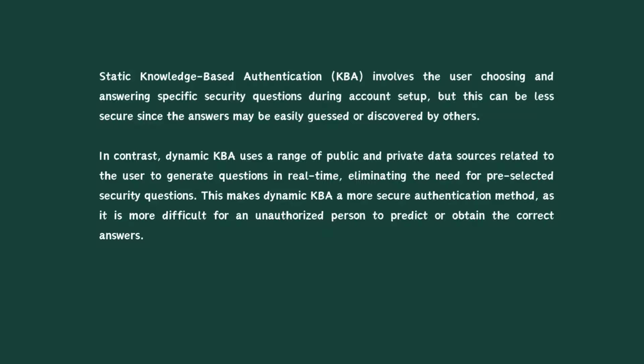In contrast, dynamic KBA uses a range of public and private data sources related to the user to generate questions in real time, eliminating the need for pre-selected security questions. This makes dynamic KBA a more secure authentication method, as it is more difficult for an unauthorized person to predict or obtain the correct answers.